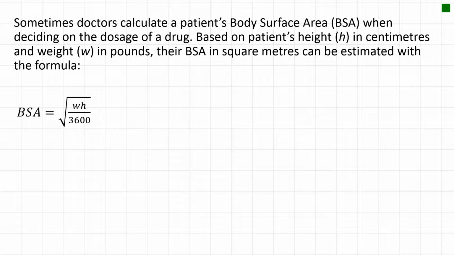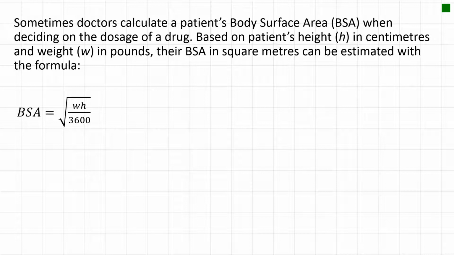Another interesting example of a radical equation comes from the medical world. Sometimes doctors calculate a patient's body surface area, BSA, when deciding on the dosage of a drug. The BSA is an estimate, but it can be calculated based on their height in centimeters and their weight in pounds.